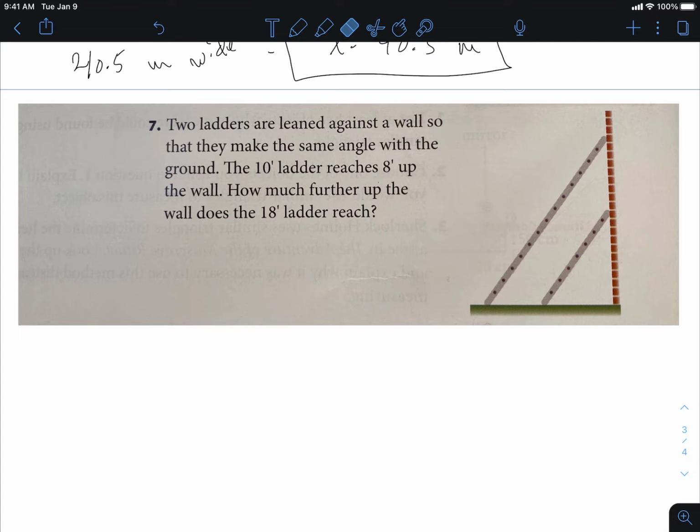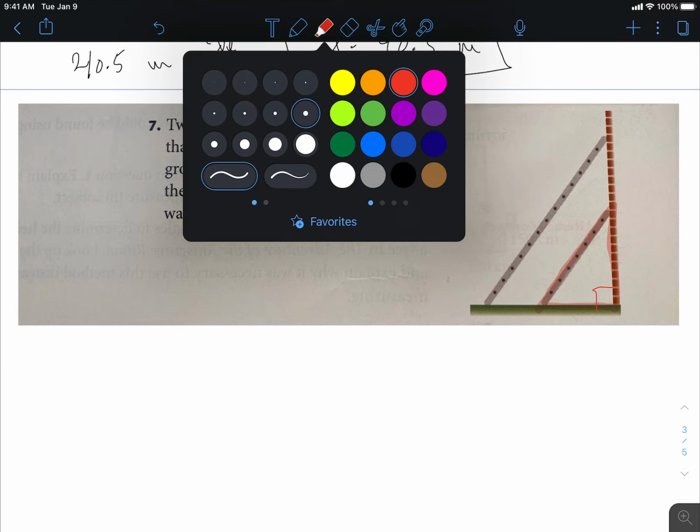All right, so you've got these two ladders. They're leaned up against a wall so that they make a right angle with the ground. So they both make a right angle down here. Essentially, if I could draw on this picture, I'll use a highlighter so you can see. We're going to have one triangle here, a small one. Then you're also going to have a bigger triangle.